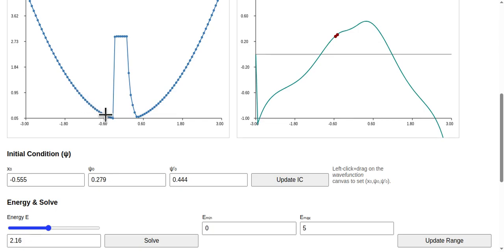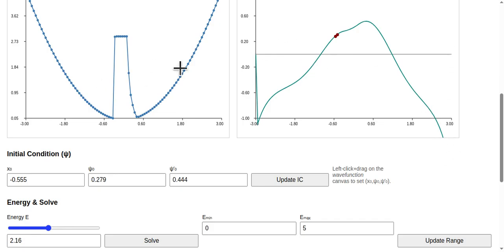Physically, we expect that on both ends, because when the potential goes high, the probability density for the particle should vanish. Therefore, we expect that the solution at both ends should vanish. This solution goes to infinity at both ends.